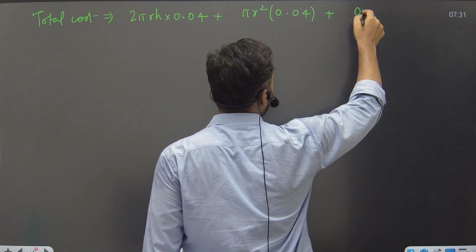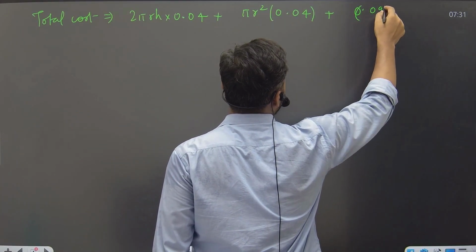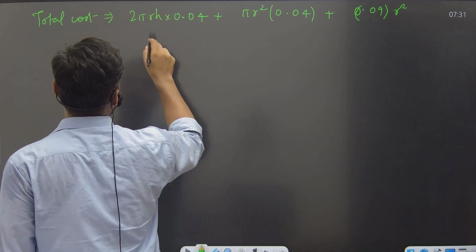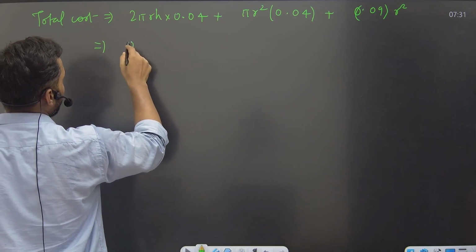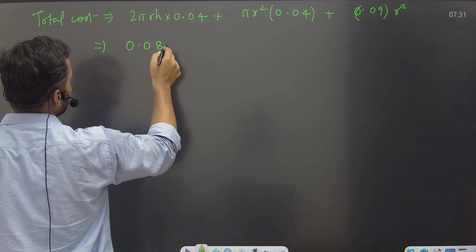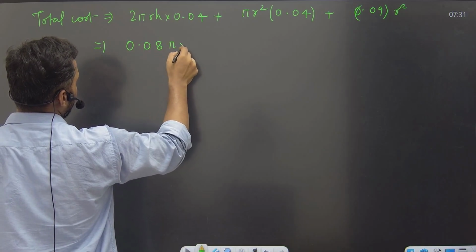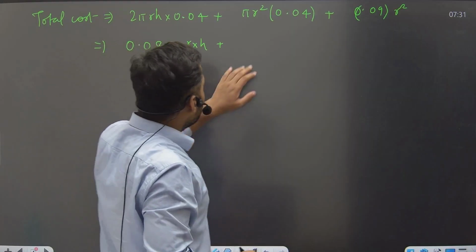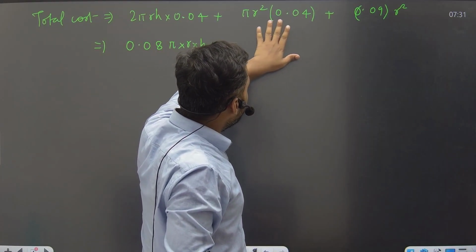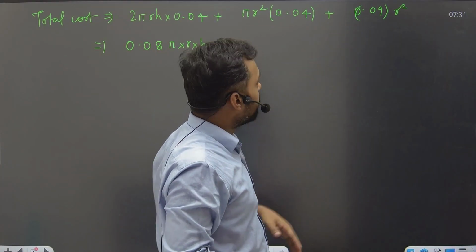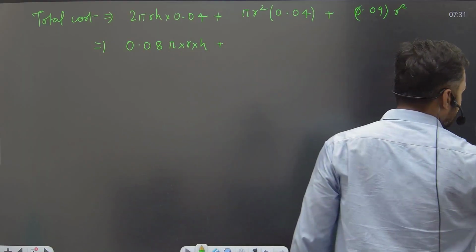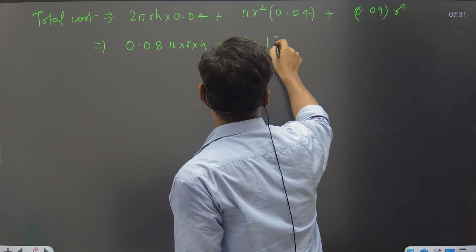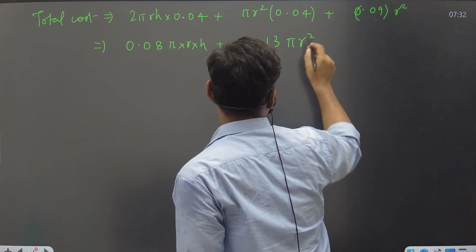This we have calculated there. So if we calculate it further, we'll get 0.08 pi r h plus 0.04 pi r square plus 0.09 pi r square, which will be equal to 0.13 pi r square.